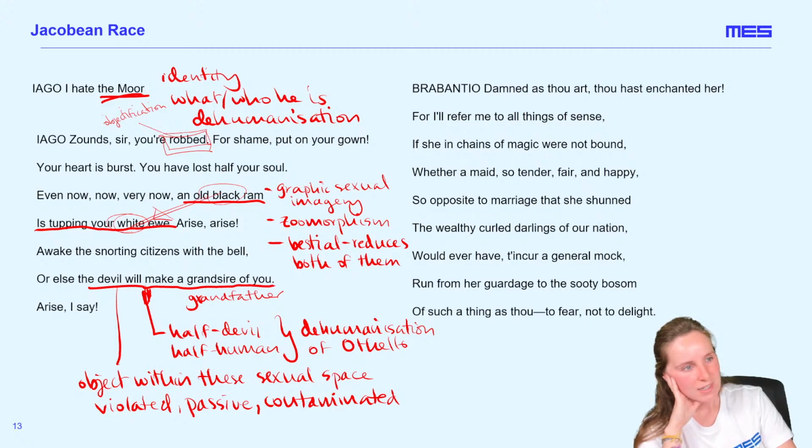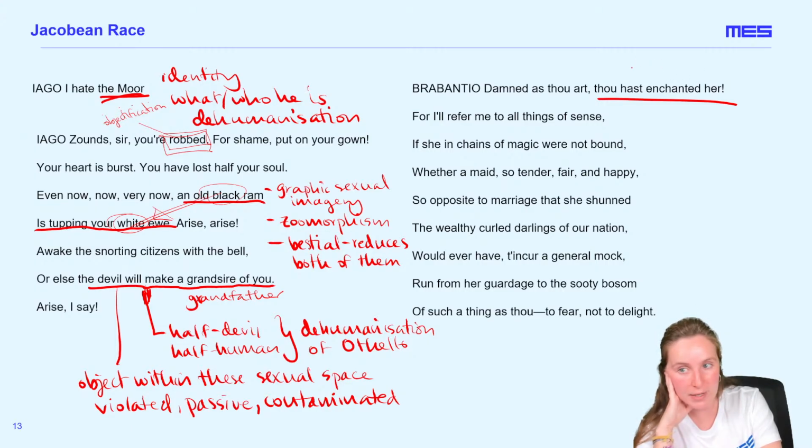Then we have this idea of Brabantio when he's speaking to Othello in the court. "Damned as thou art, thou hast enchanted her." So this idea that he can't fathom that she would love him at all. So there has to be some kind of devilry or witchcraft here.